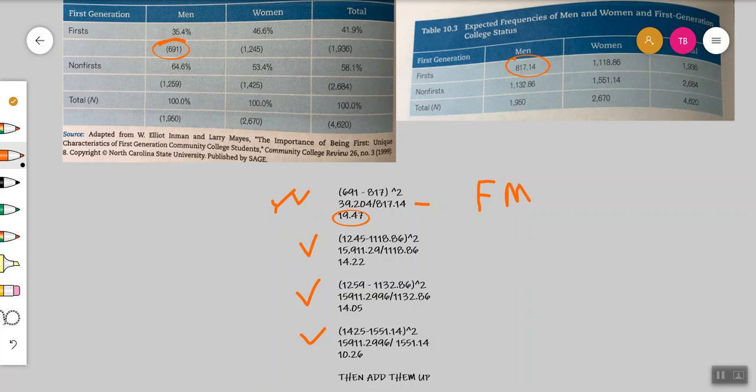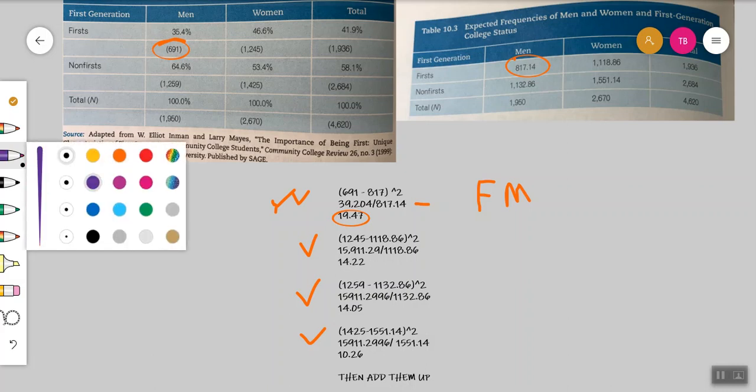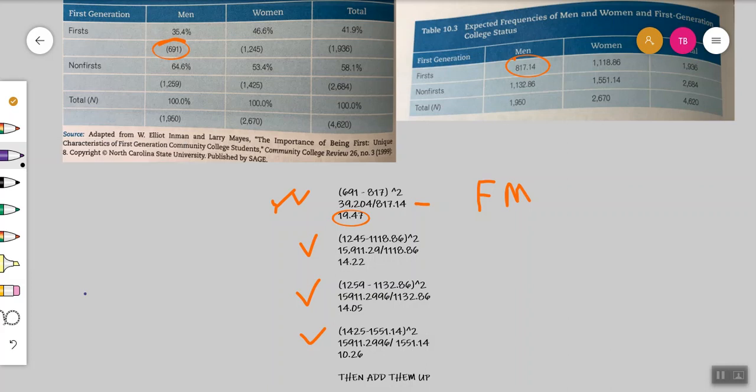I'll show you which ones I did for the next one. Let's change colors again. Okay, let's do first generation women. So first, observed 1245 minus 1118.86.